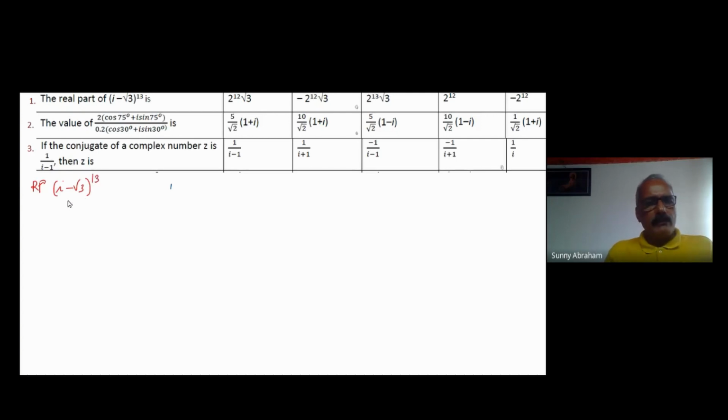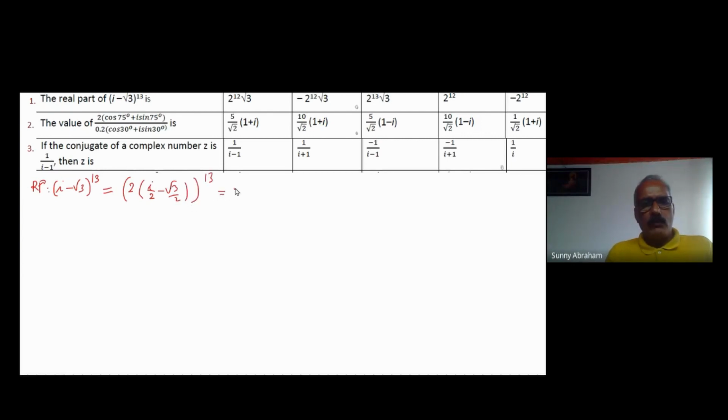What is the modulus of iota minus root 3? It is 2. So what I do first is multiply and divide by 2. That is 2 raised to 13 into (iota by 2 minus root 3 by 2), the whole raised to 13.